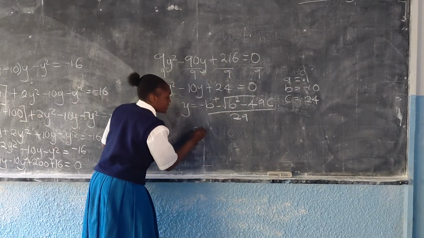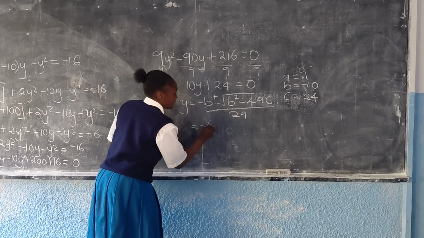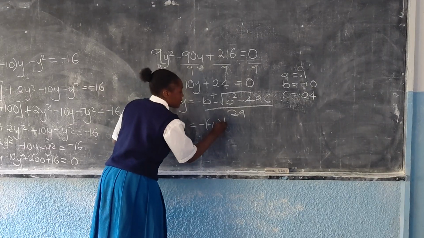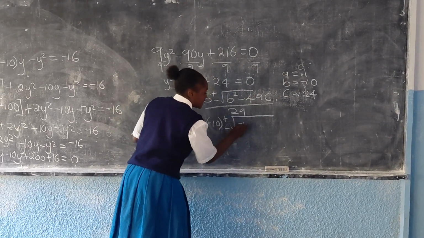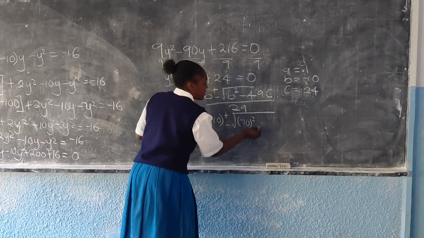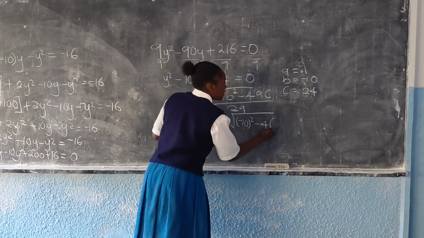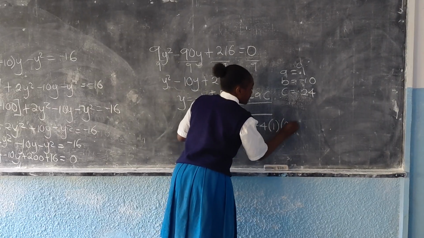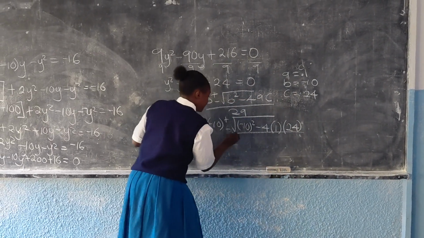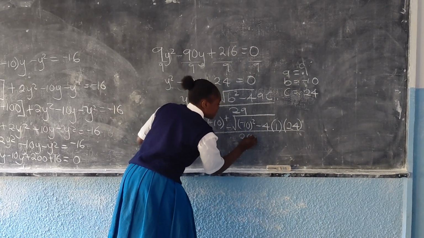It's going to be negative, open bracket, negative 10, positive or negative, square root of negative 10 squared minus 4 multiplied by 1 and multiplied by 24, all divided by 2 multiplied by 1.